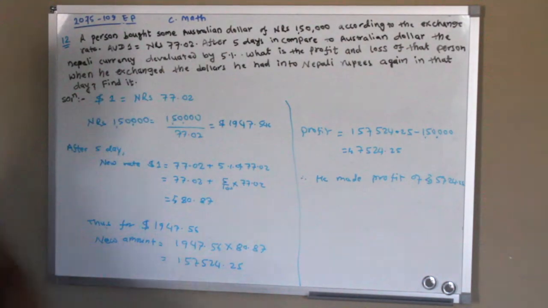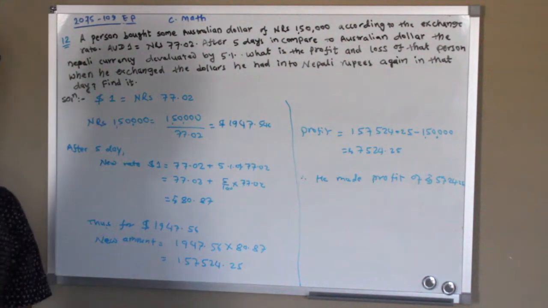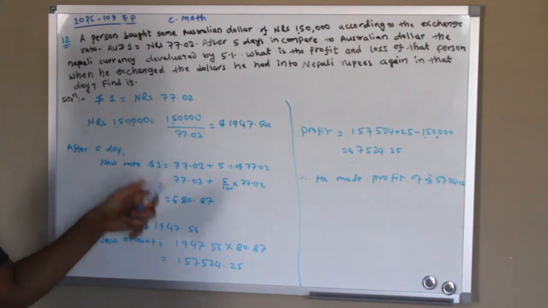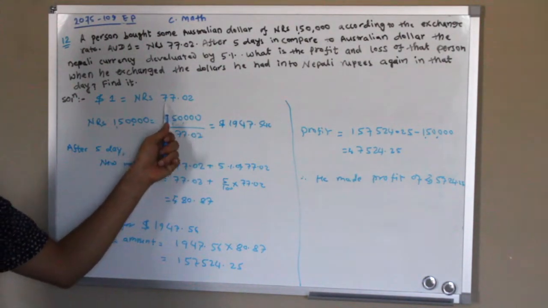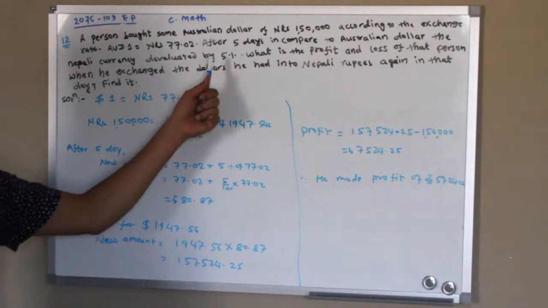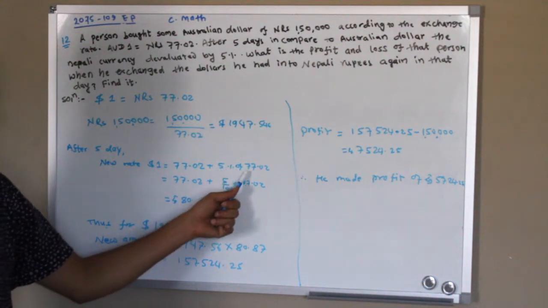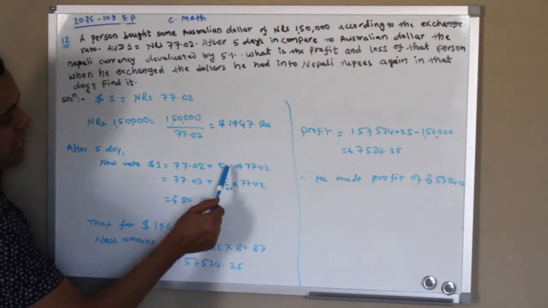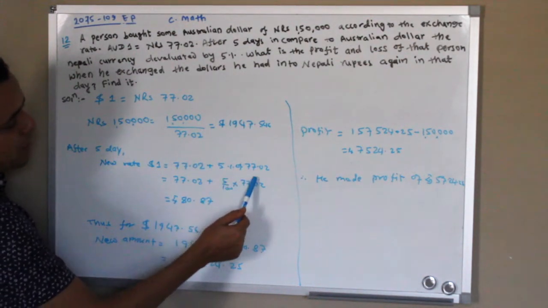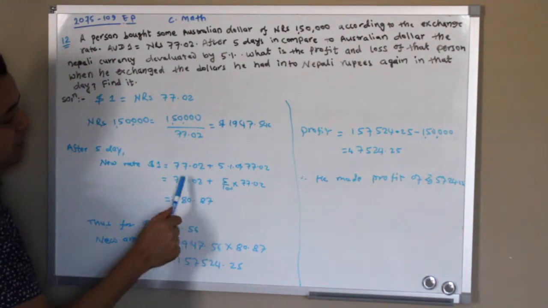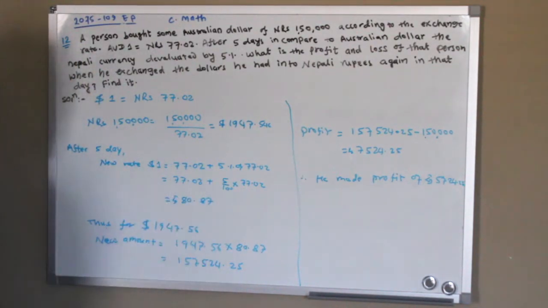Since the question says the Nepali currency went down, meaning the Australian dollar went up, the new rate for $1 is firstly 77.02 plus a 5% increase, so 5% of 77.02. If you multiply by 5 and divide by 100, you get 3 point something. Add them here, and you will get 80 rupees 87 paisa.